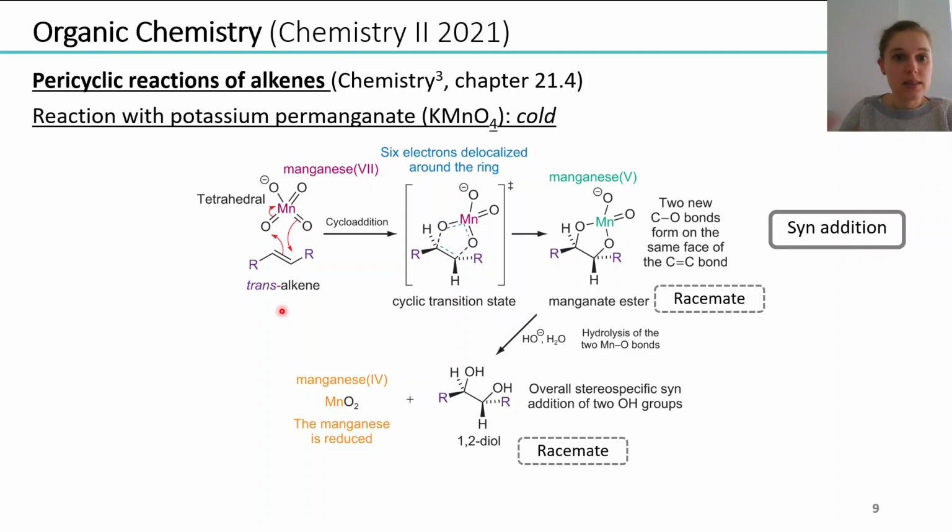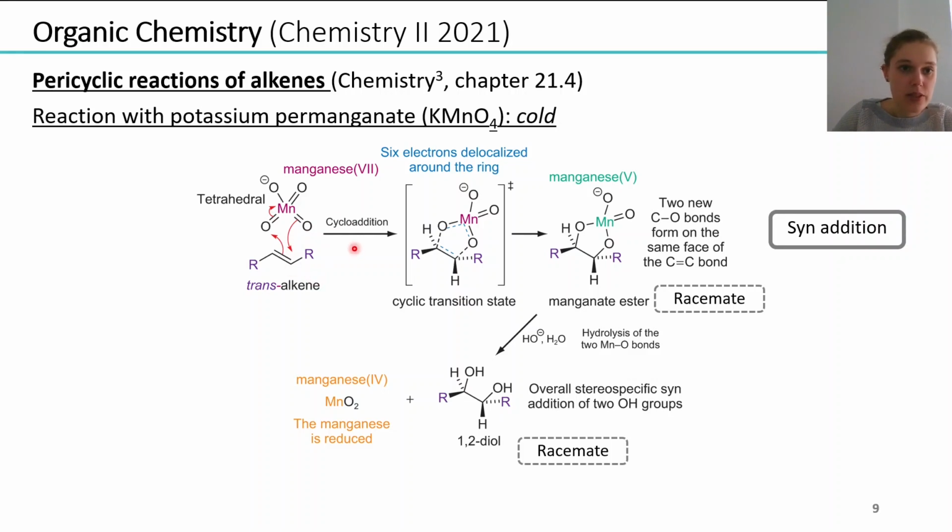And again, this cycloaddition is a concerted one-step reaction mechanism. That means we start with the nucleophile, which is our carbon-carbon double bond, which attacks one oxygen atom of the permanganate, and at the same time, an electron pair of the oxygen-manganese bond will move towards manganese, and another neighboring manganese-oxygen bond will start to give its electron pair to move towards the carbon to build a new carbon-oxygen bond.